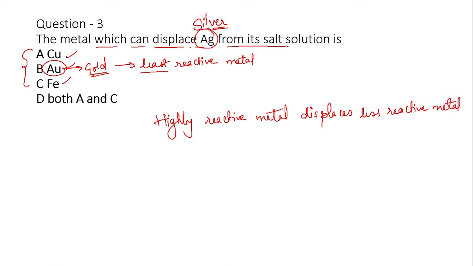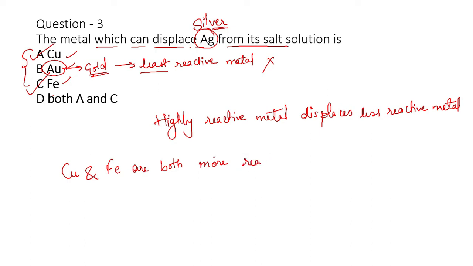Therefore, what we can say is that Au cannot be the answer, but yes, copper and iron both are more reactive than silver.